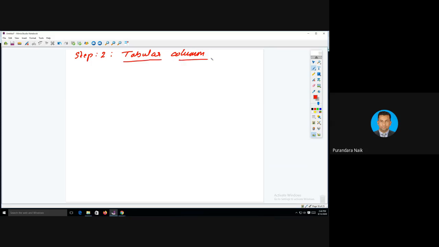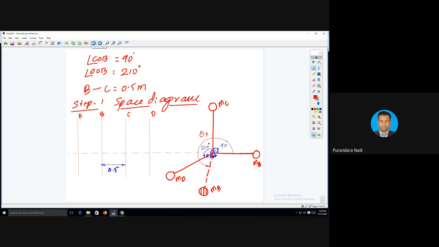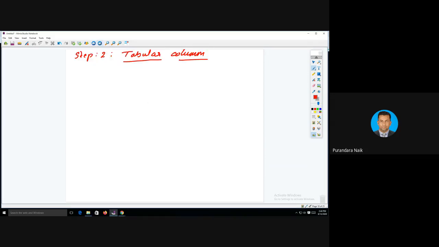In this tabular column, the masses are rotating in different planes. That's why there will be a centrifugal force as well as couple. If the masses are rotating in different planes, then there will be a centrifugal force. That's why you need to make 6 columns for the tabular column.